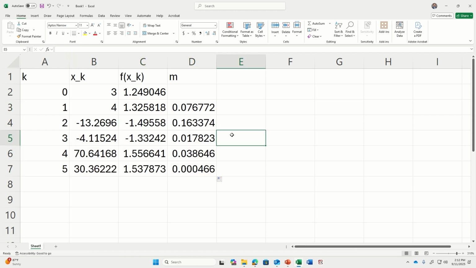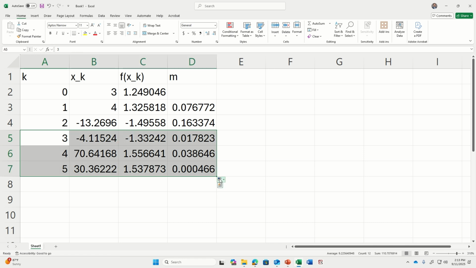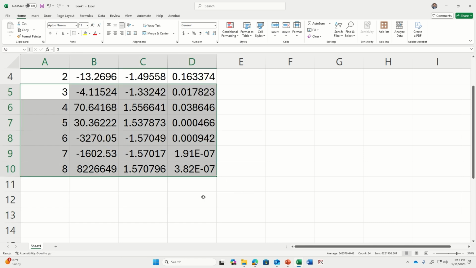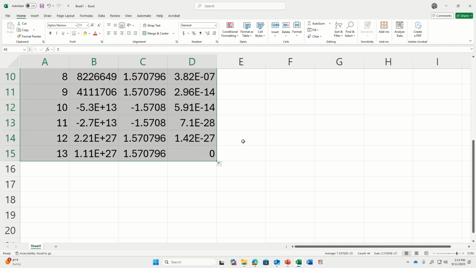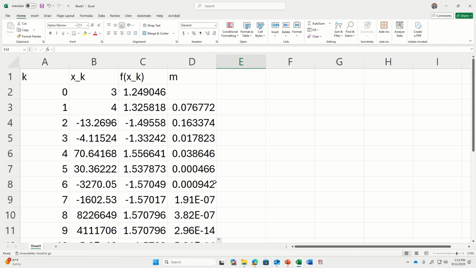Let's see what we get. Okay, we were right so far, because we got something like negative 13.27, and something like negative 4.12. There was round off error because we were only keeping so many sig figs. But that's what we got for the first 3 iterations. What I wanted to show you is that if we keep using the secant method, it doesn't converge, right?